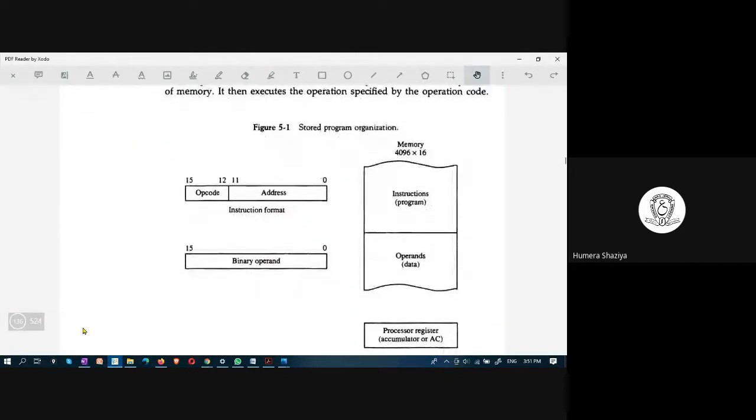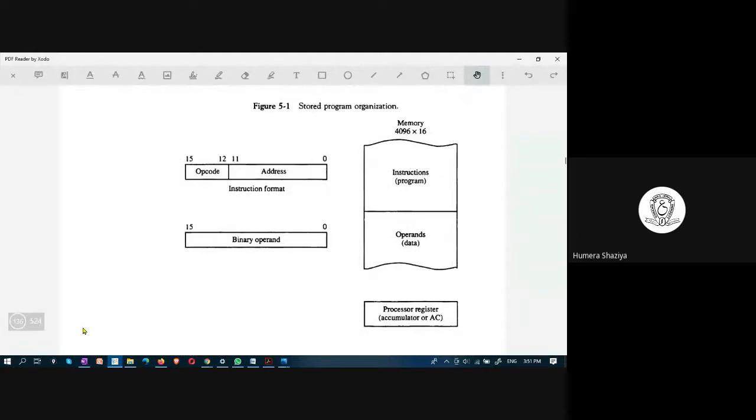Look at this illustration of how a program is stored in RAM. This is RAM memory. In this RAM, you have two partitions. What are the two partitions?